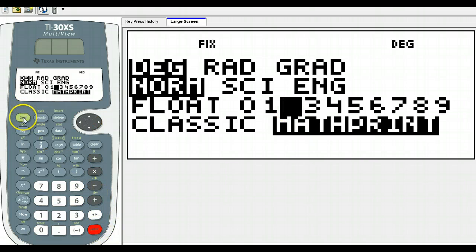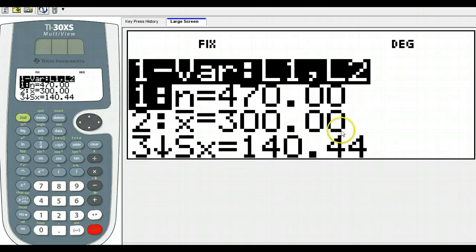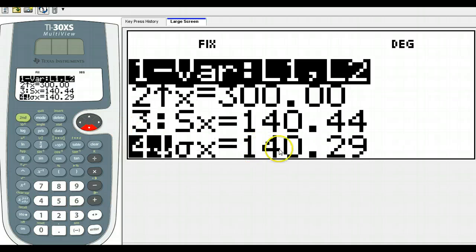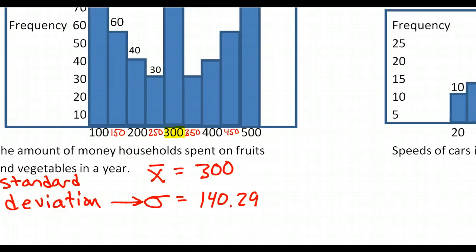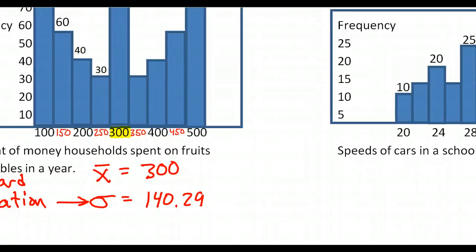So if I were to go back into that table again, now everything is rounded to 2 decimal places for me. Okay, so 140.29. So that is how you find the standard deviation and the mean from a frequency table. I guess I should say that's the mean.